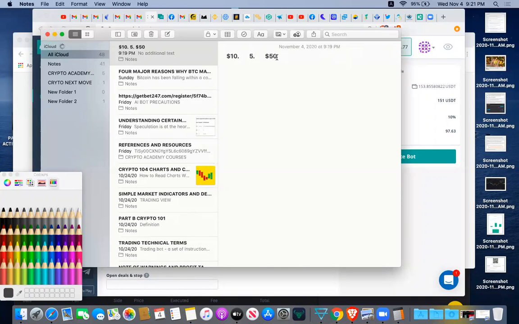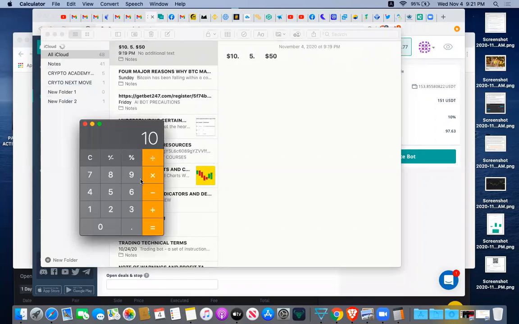Now with $10, 10 multiplied by 0.02 is 20 cents. So when Chainlink is at $10.20, it's going to sell your position because of the 2% profit.